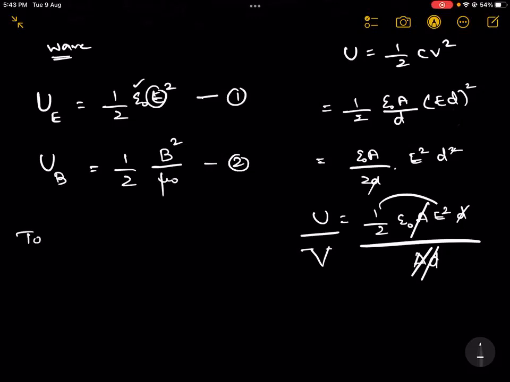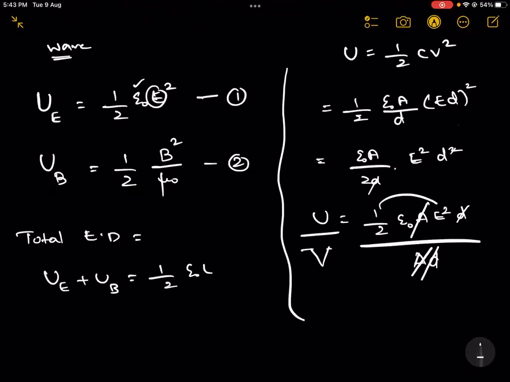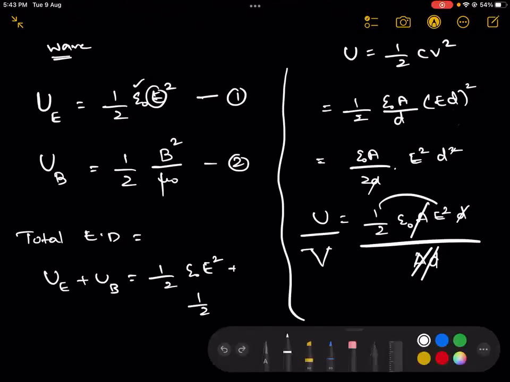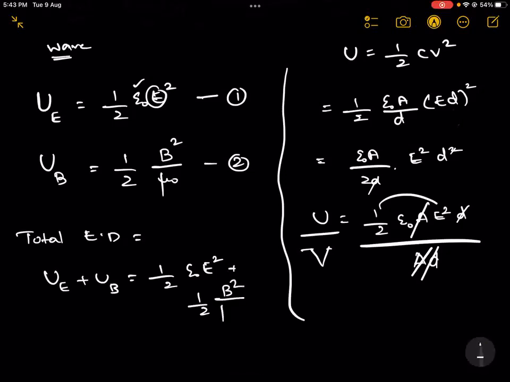So what is going to be the total energy density? UE plus UB. So how much is that value going to be? Half epsilon naught E squared plus half... is that right?